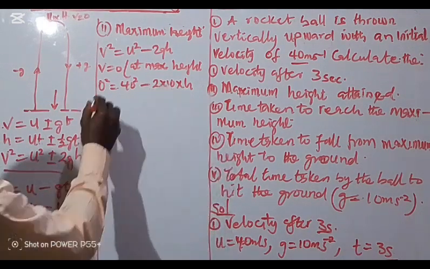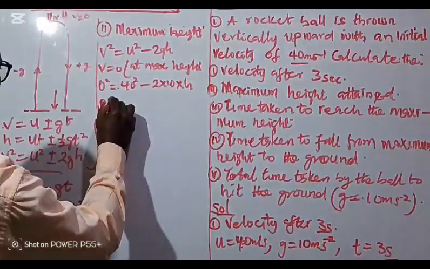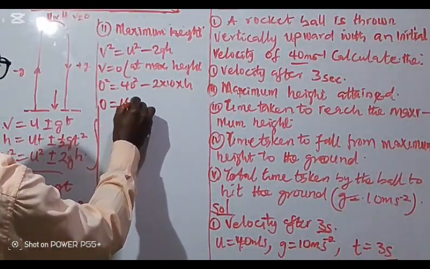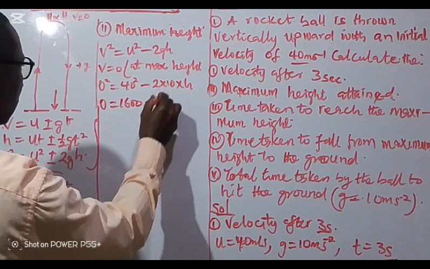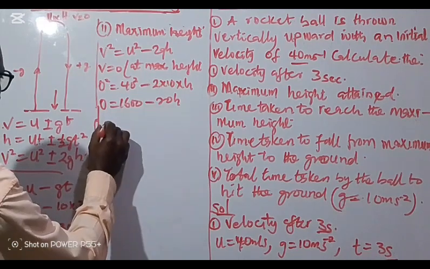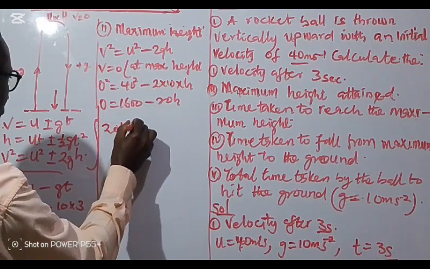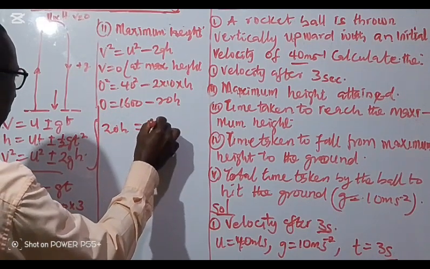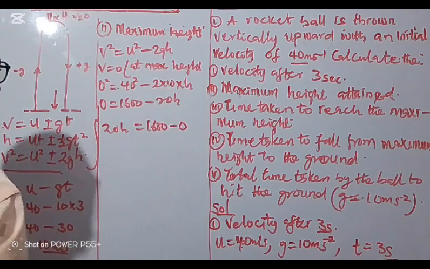Now from there we can have 0 is equal to 1600 minus 20h. So from there we are going to have 20h will be equal to 1600 minus 0.